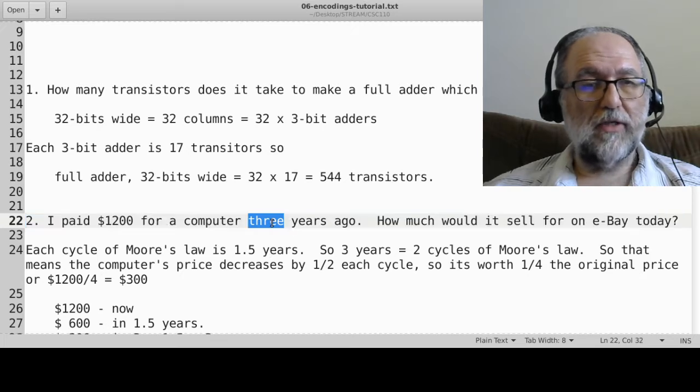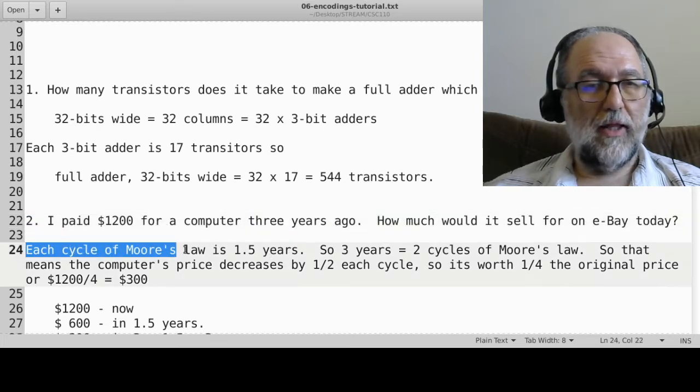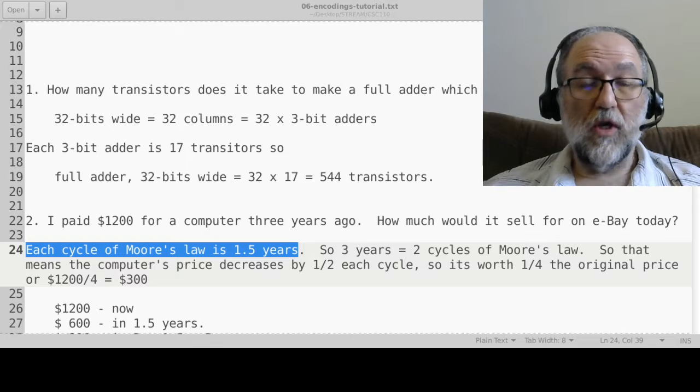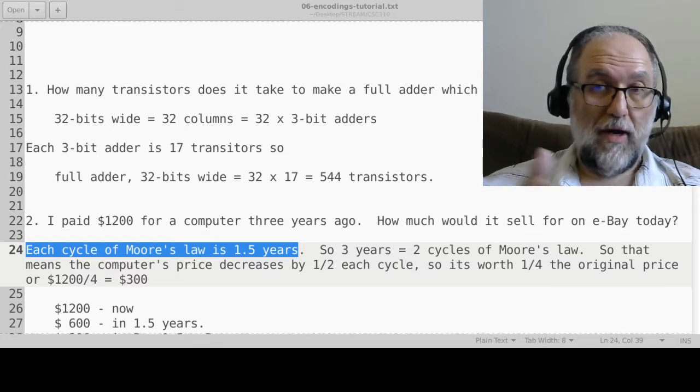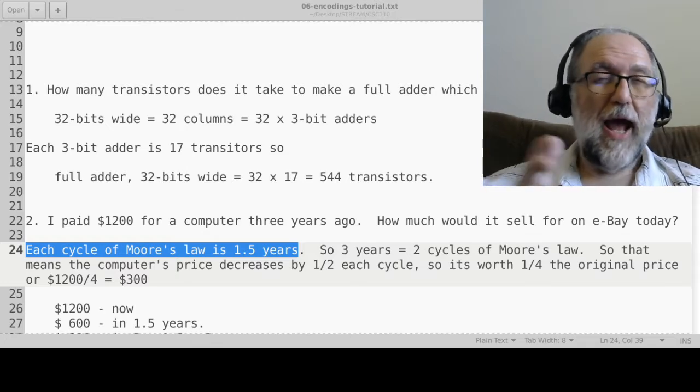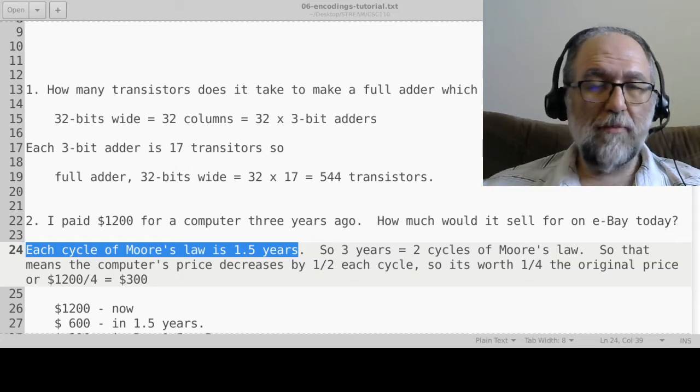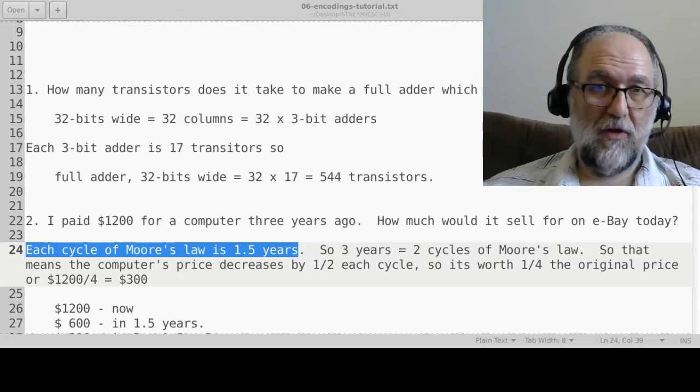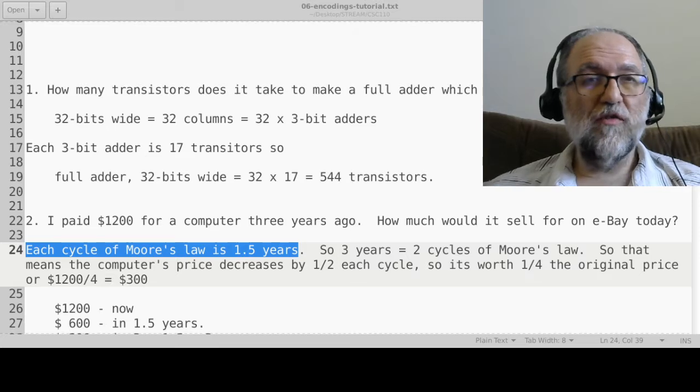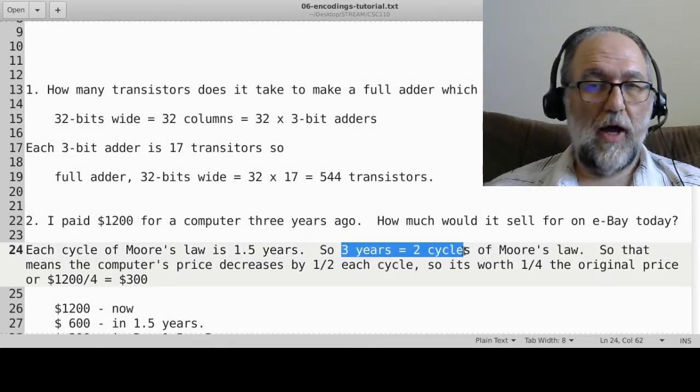Well, it's been 3 years, and remember that Moore's law says that computers double in computing power every 1.5 years. That means that they reduce in price to 1/2 the price in 1.5 years. So in 3 years you've basically got 2 cycles of Moore's law happening.